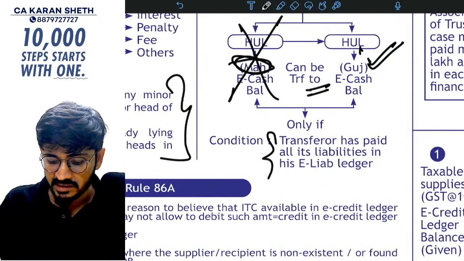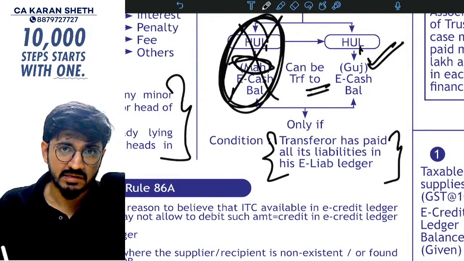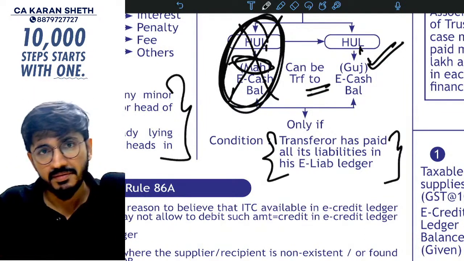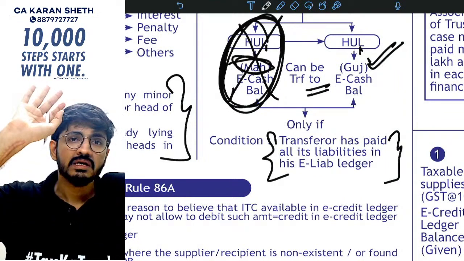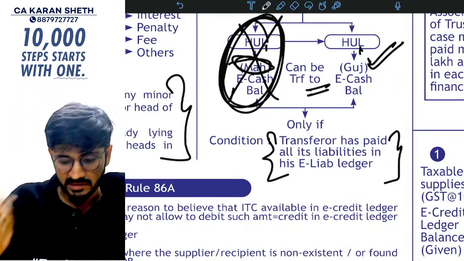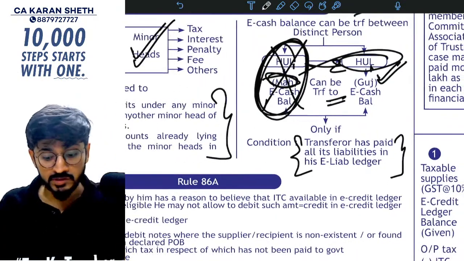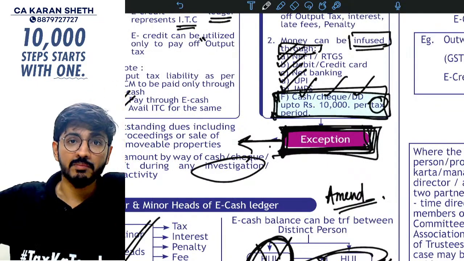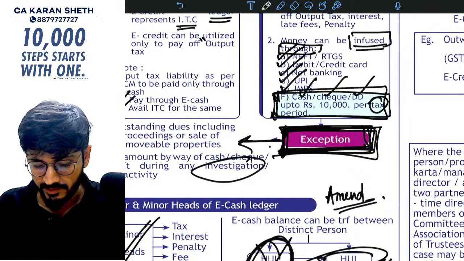But the only condition is that before transferring the e-cash ledger balance, you have paid all the liabilities. So if you have paid all the liabilities and still have e-cash ledger balance, then you can transfer it. Simple. This was not possible before, but now it's very much possible. Perfect.